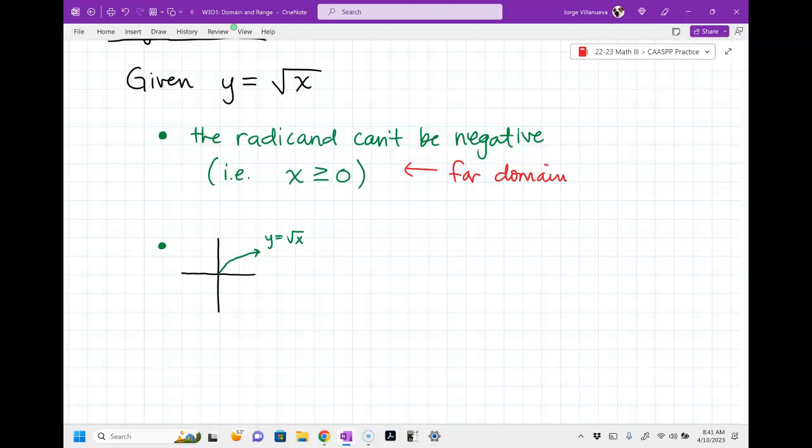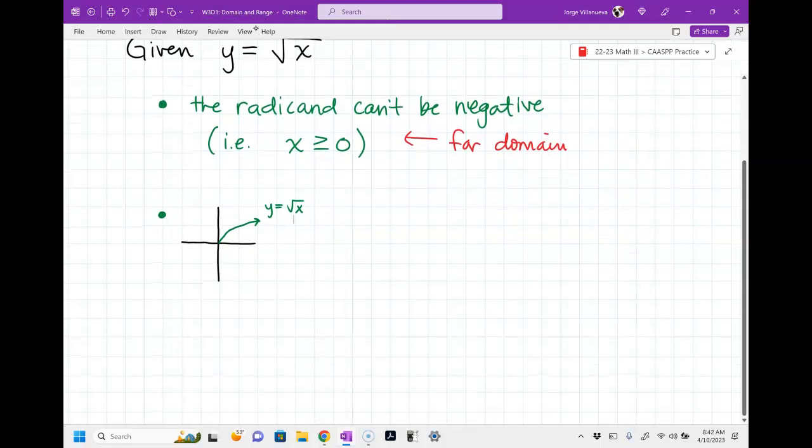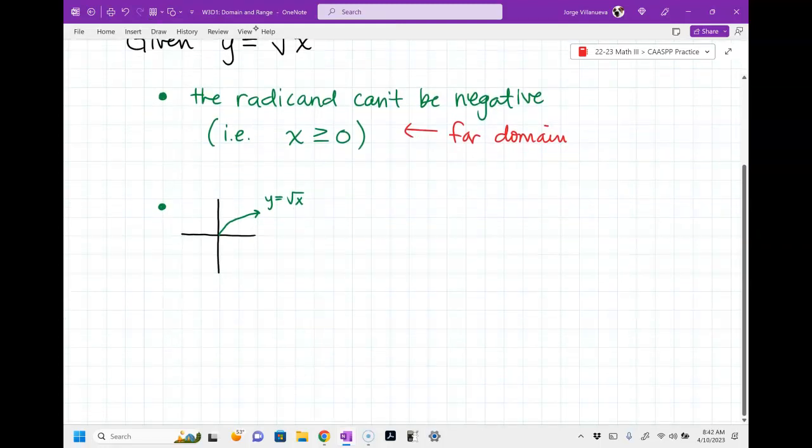Now, if you had something like this, and this is all just kind of review, so I'm hoping some of this is coming back to you guys because you've done this before. But for some examples, if I gave you y equal to the square root of x and then a minus 2 on the outside. Not inside the square root, but on the outside. What does that minus 2 do to the graph?